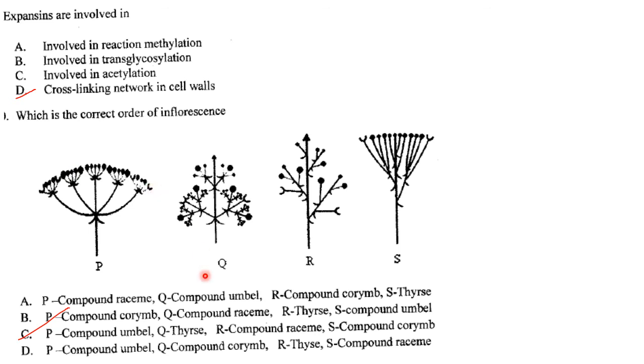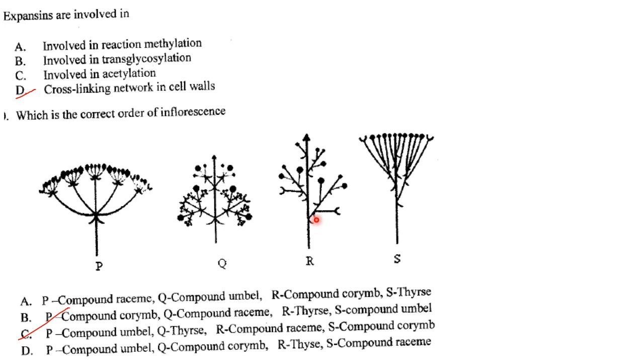Then third inflorescence has the main axis that grows indefinitely and the sub-axis have determinate growth. So this is the axis that grows indefinitely, that is why an arrow is given over there. This axis grows indefinitely, whereas these sub-axis have determinate growth. Then the next one is a compound raceme, when the main axis of the inflorescence is branched and the lateral branches bear flowers in a simple racemose manner.